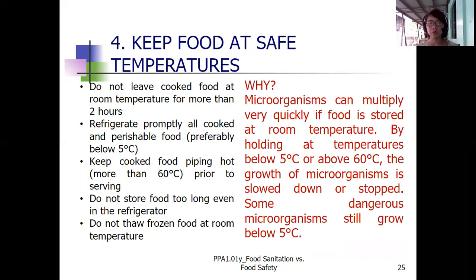If 2 hours have passed and you have left the cooked food out, throw it away. Next is refrigerate promptly all cooked and perishable food, especially meat. So it should be refrigerated right away.